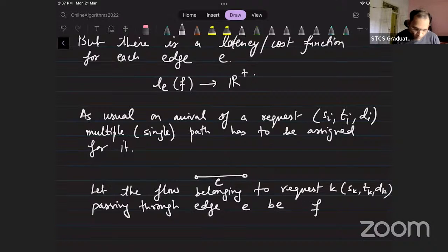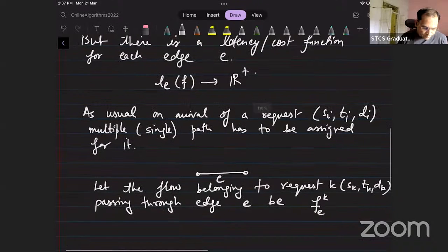This is a notation which you should remember throughout the class today. So e is the edge which goes in the subscript, and k is the request, that is the demand Dk between Sk and Tk. That's the kth index. So that goes in the superscript, edge goes in the subscript.